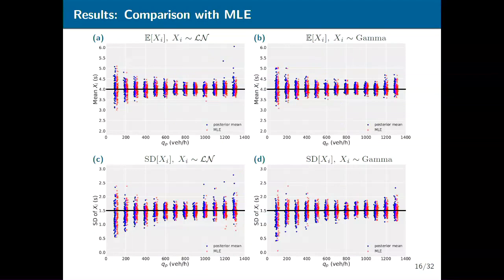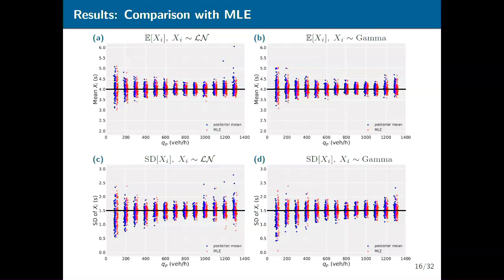In the good spirit of applied mathematics, you just do it a bunch of times. So what we did was simulate 100 data sets at each level of major stream flow, going from 100 to 1300 in steps of 100. So the major stream flow increases this way.